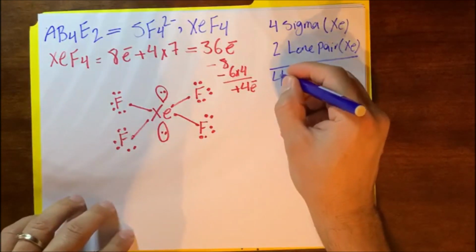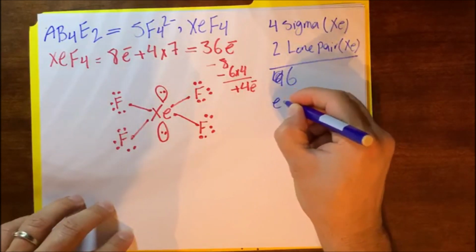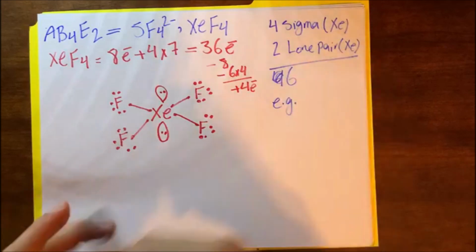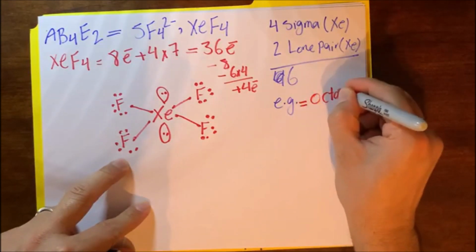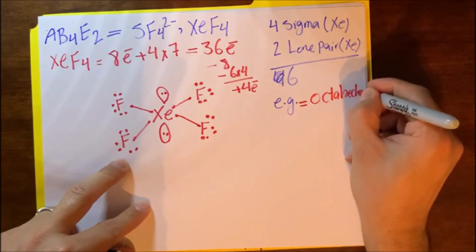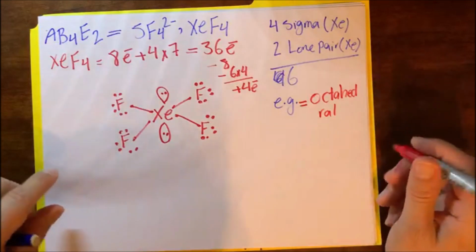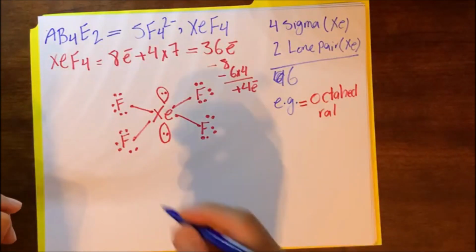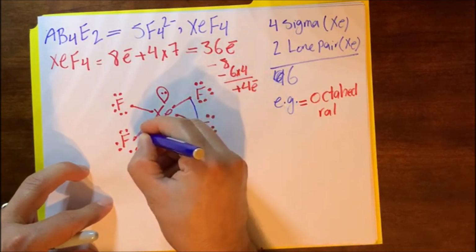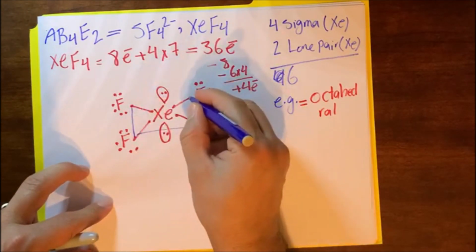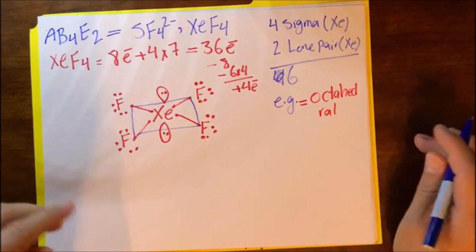So total, we are dealing with 6 electron geometry. It will be octahedral. Okay. And let's figure out the molecular geometry. You connect these fluorines. When you connect them, you get a square.